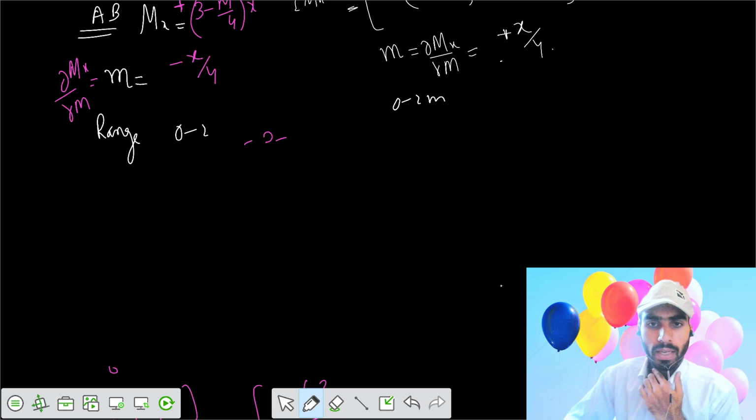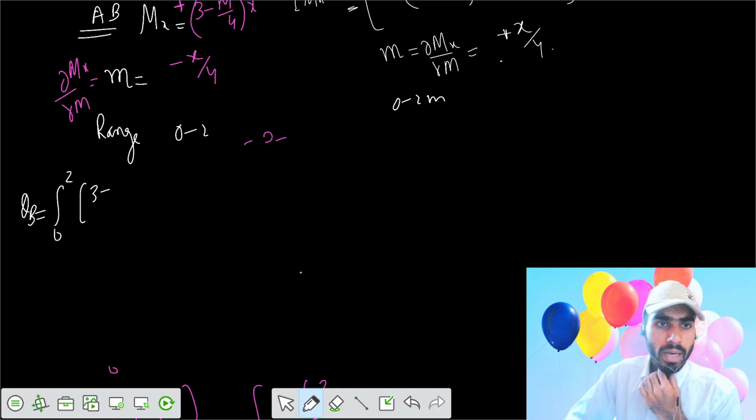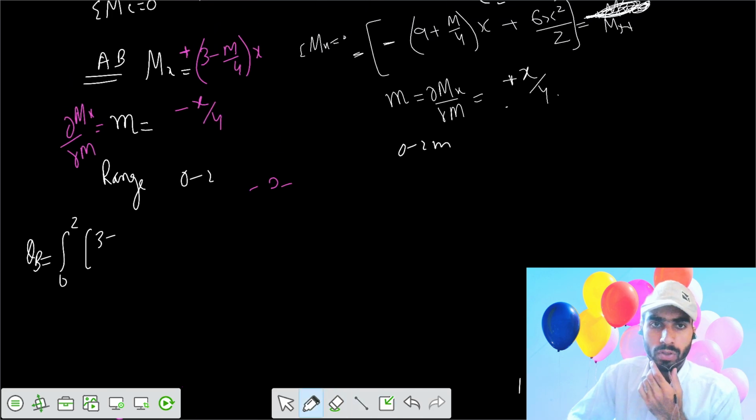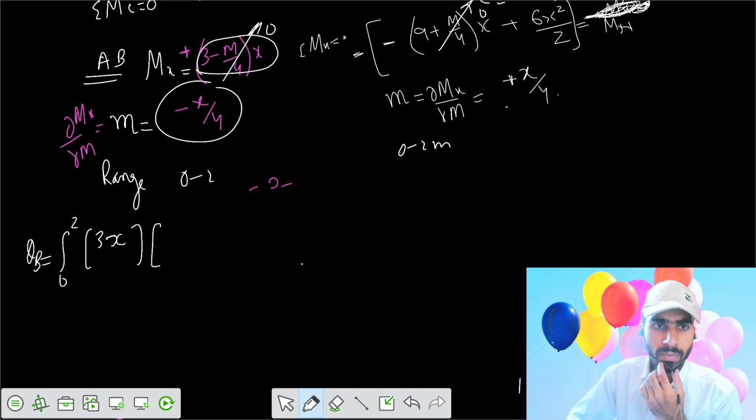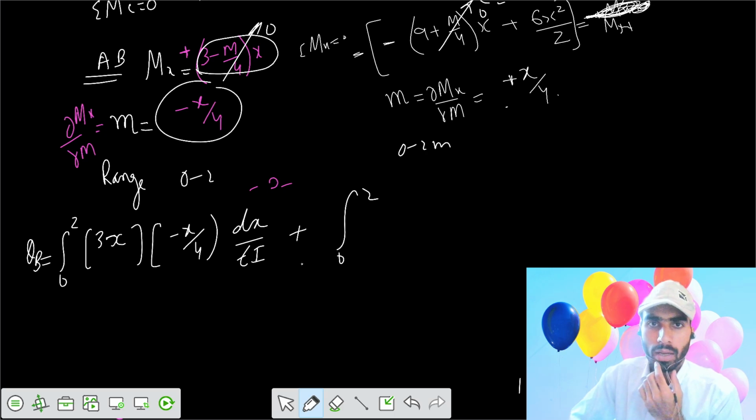We can say theta at B equals to integral 0 to 2, moment Mx, and we can directly substitute now. Value of M goes to 0, set M equals to 0, to avoid the calculation. So finally we can write 3 into x into small m. Small m is your minus x by 4. 3 into x into minus x by 4 dx by EI. And in this part you write 0 to 2.